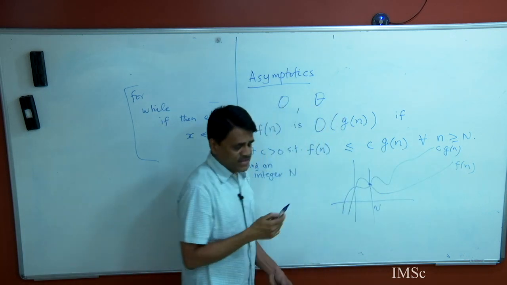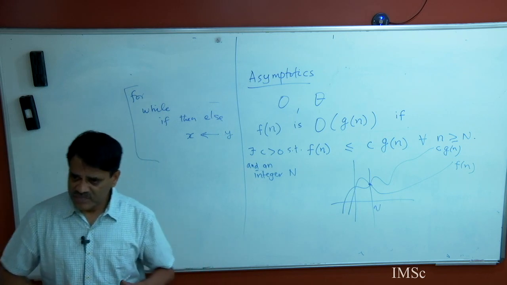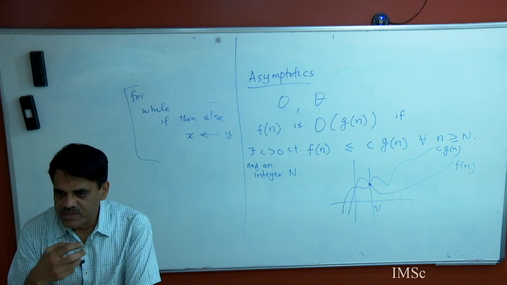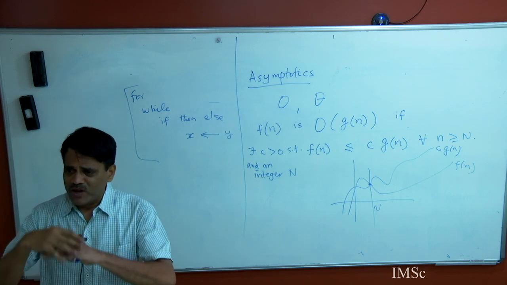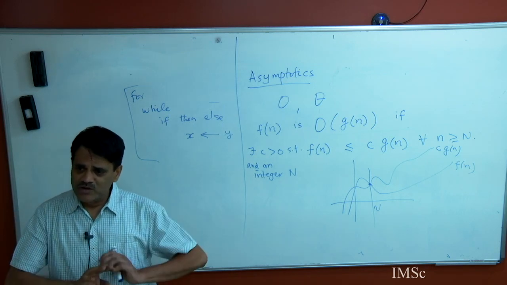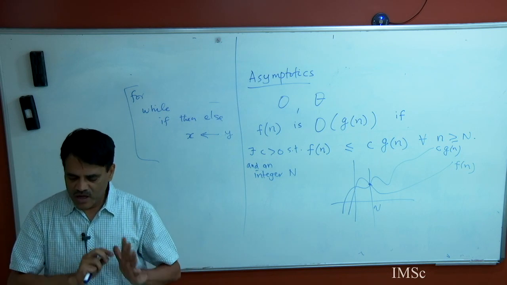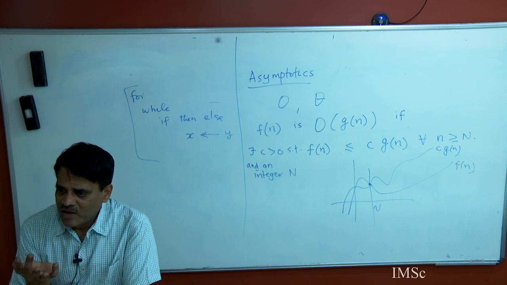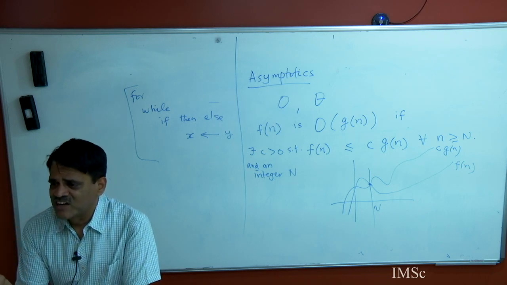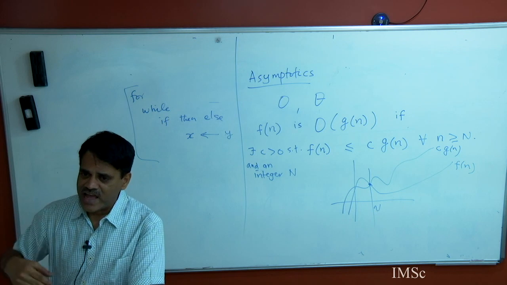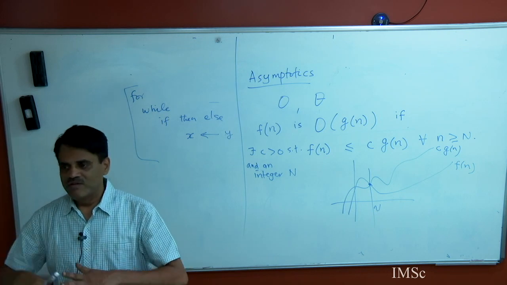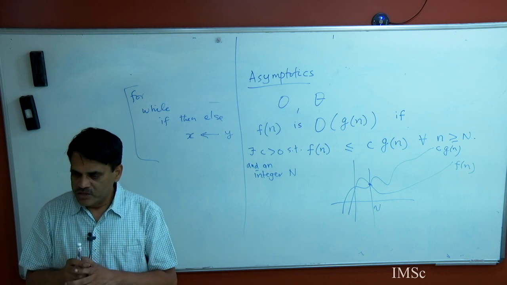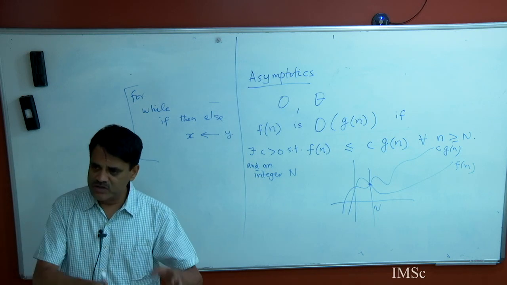And the reason is that typically for small values of n, you may not want to do anything complicated, you may do something simple. So if I want to sort some 10 elements, you don't want to do recursion, divide and conquer and all that, because the extra overhead will eat up so much that it's not worth it. So typically for small values of n, you might do something simple.